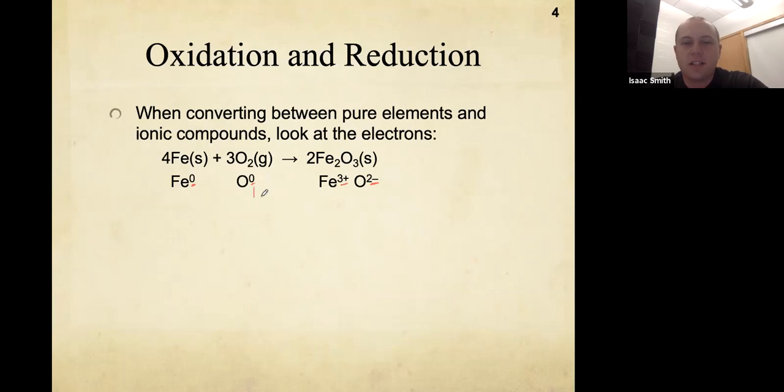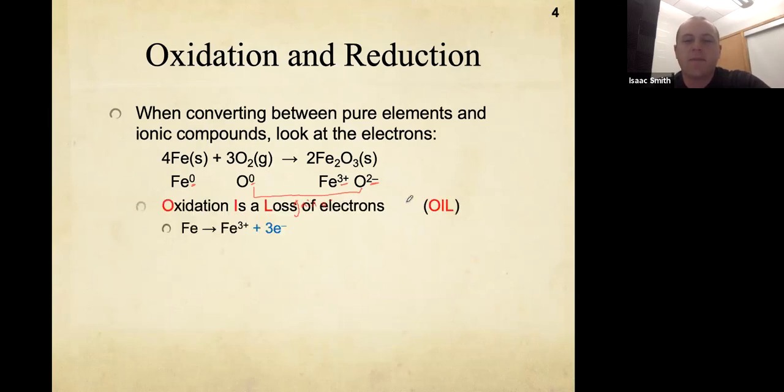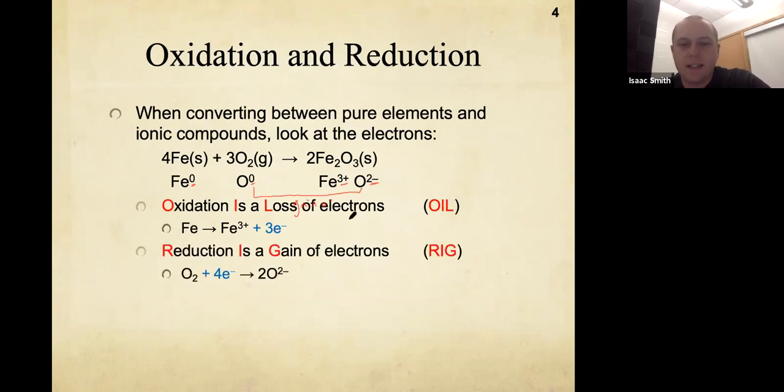So oxygen, in order to become more negative, had to gain electrons, right? If you remember the OIL RIG thing, oxidation is losing electrons, reduction is gaining electrons. So since the oxygen gained electrons, the oxygen is the compound that's reduced. The iron is the one that is oxidized because it lost electrons. Cool.